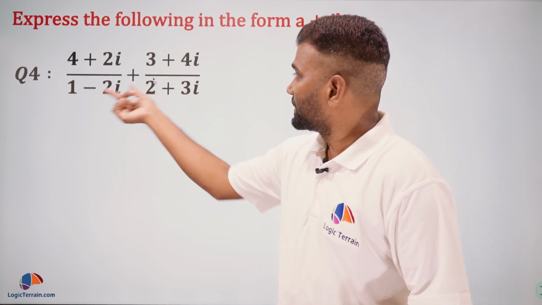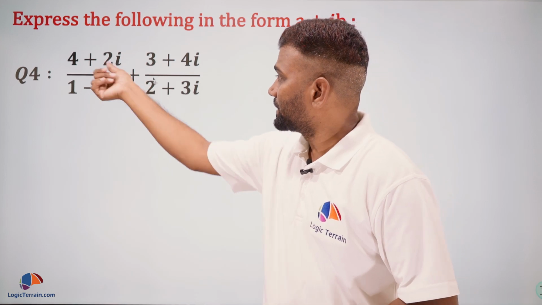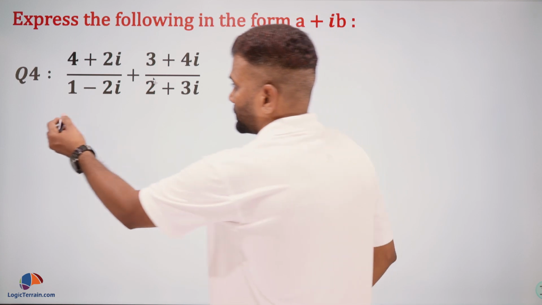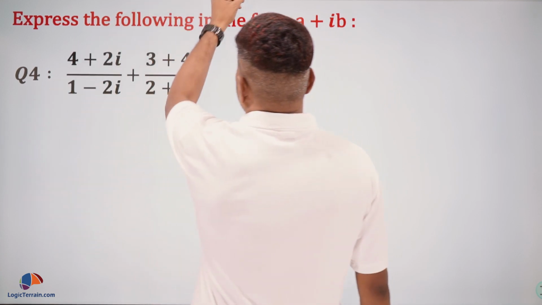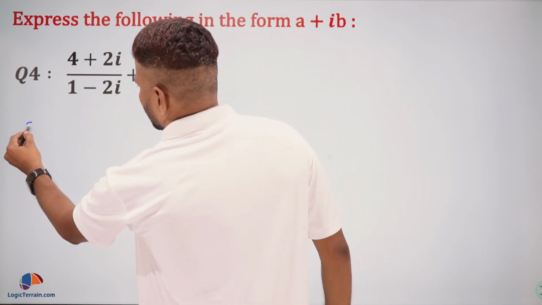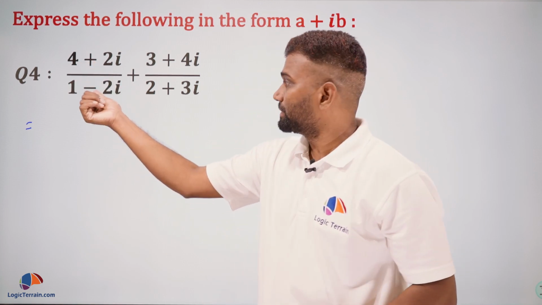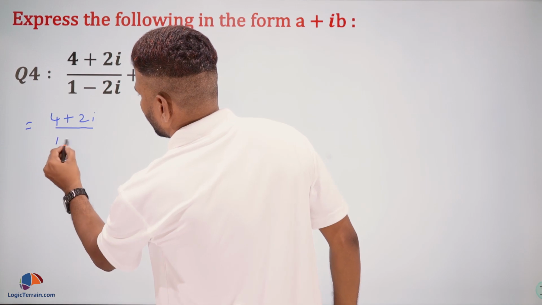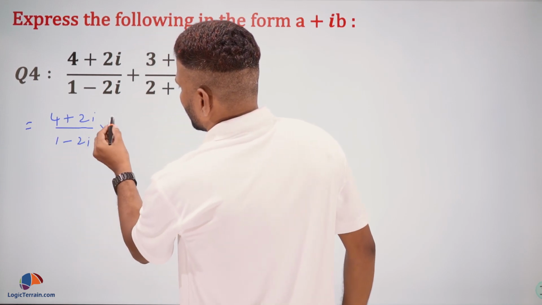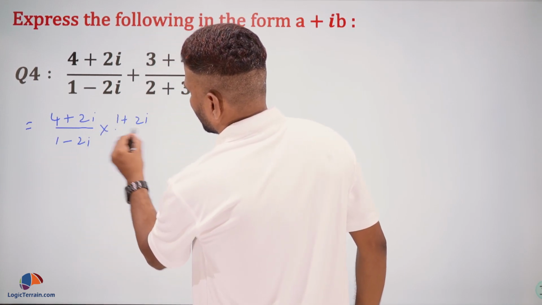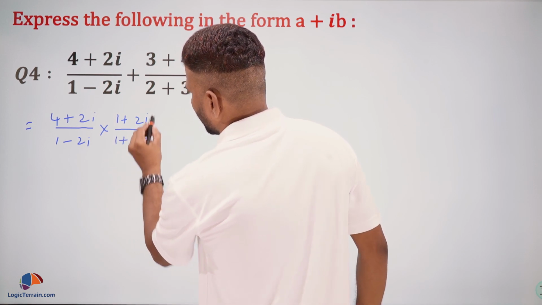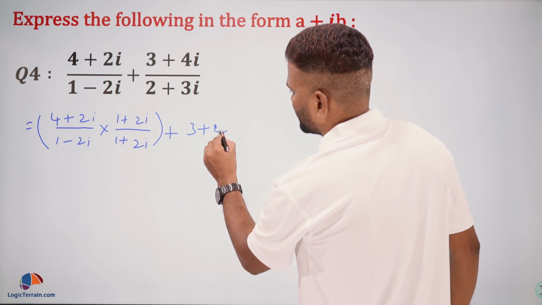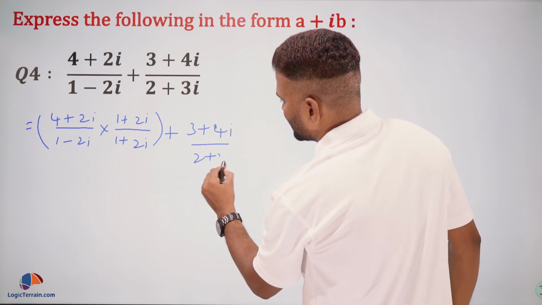So here we have two terms, and each term is again in the form of a fraction, so we have to rationalize separately. So we'll rationalize this denominator with 1 plus 2i, that is 4 plus 2i upon 1 minus 2i into 1 plus 2i upon 1 plus 2i, plus this is 3 plus 4i upon 2 plus 3i.